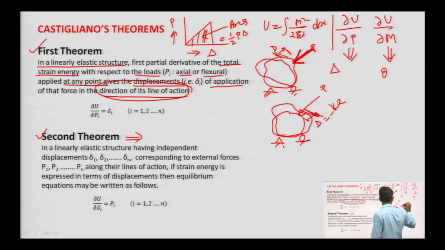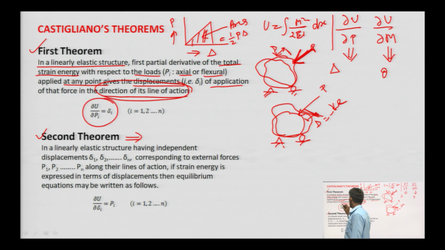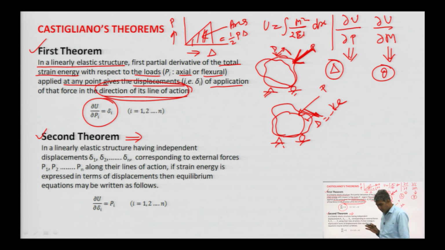So, this is theorem number 1: del U by del P, for any number of loads, will be the displacement. Delta may be horizontal or vertical displacement, or slope. This first theorem is used to find displacement.